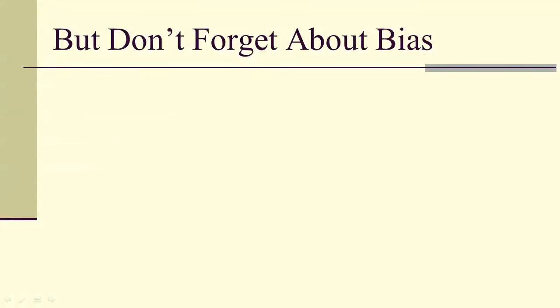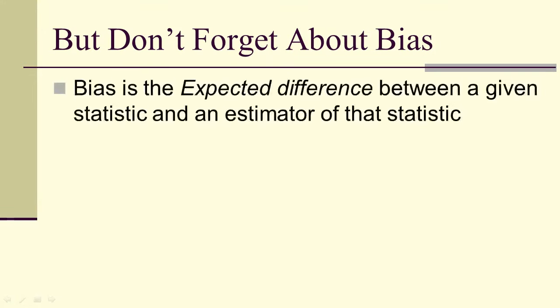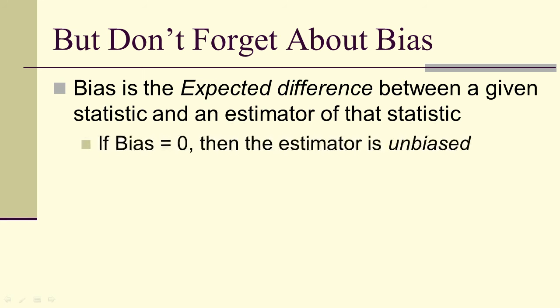But don't forget about bias. Bias, rigorously speaking, is the expected difference, expected as in expected value, between a given statistic and an estimator of that statistic. If the bias is 0, then the estimator is said to be unbiased.